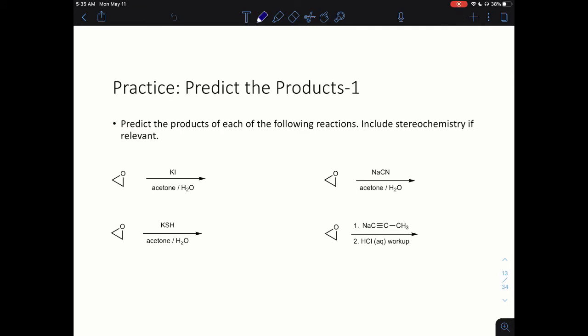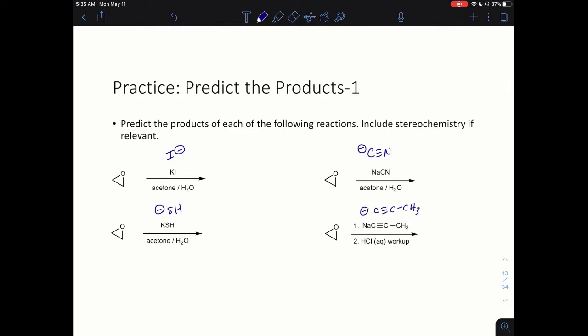Let's pause and predict the products of each of these reactions. You notice that for each of these reactions, the epoxide is being treated with an anionic nucleophile.